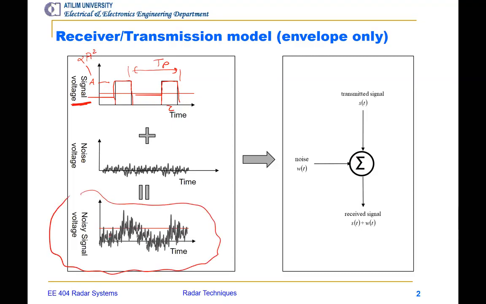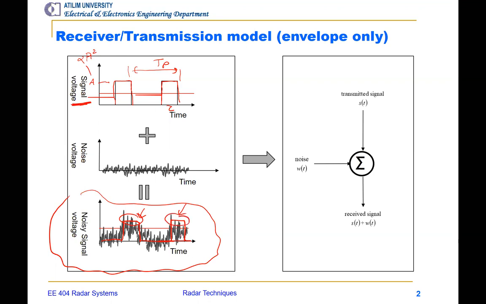So you have a noisy rectangular pulse, you see, and the goal of the detector is to extract these pulses, whether there is a pulse here or not.